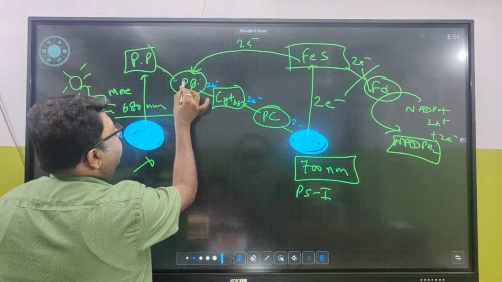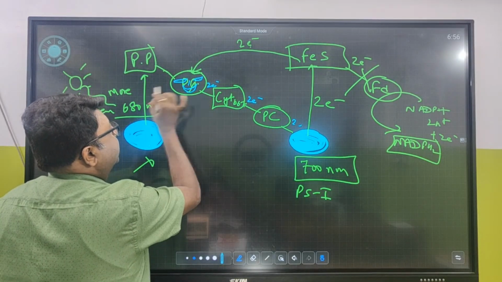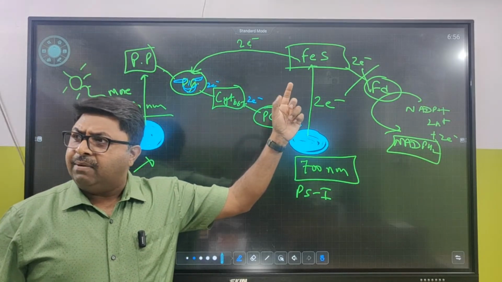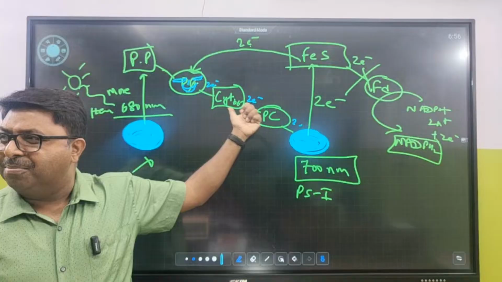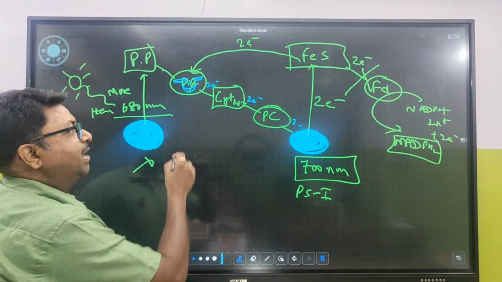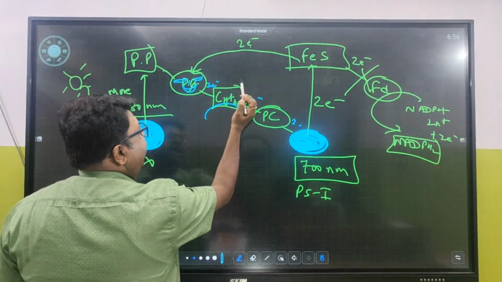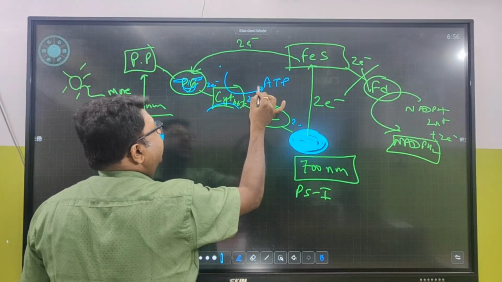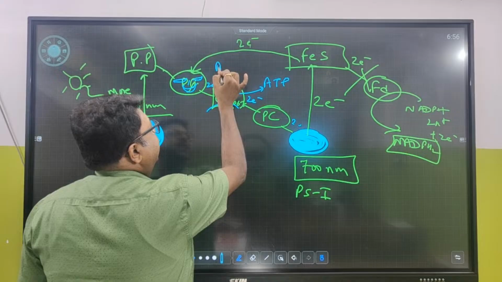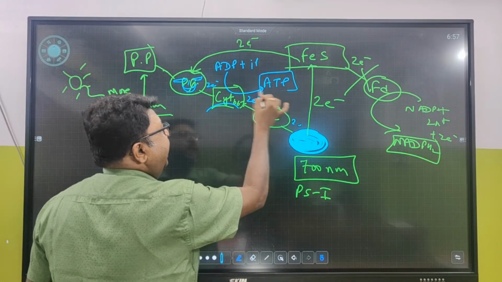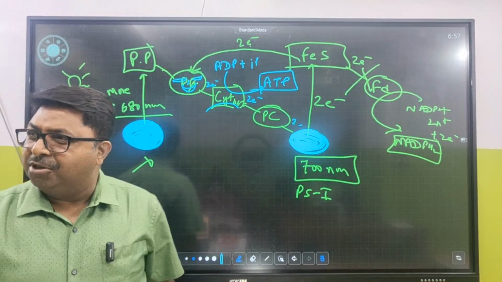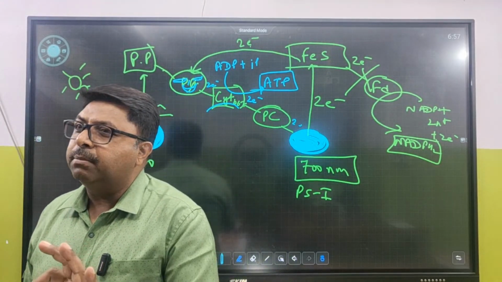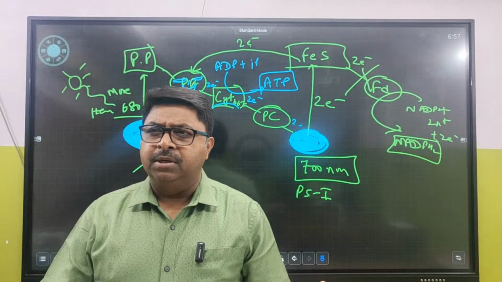And when PQ is happy, it's going to start making downhill. Tell me, downhill में बनता क्या है? ATP बनता है. What happens only in downhill? Only ATP gets formed. ADP plus iP makes what? ATP. So during cyclic photophosphorylation, what is the product? ATP. Only ATP. There is no formation of NADPH2.